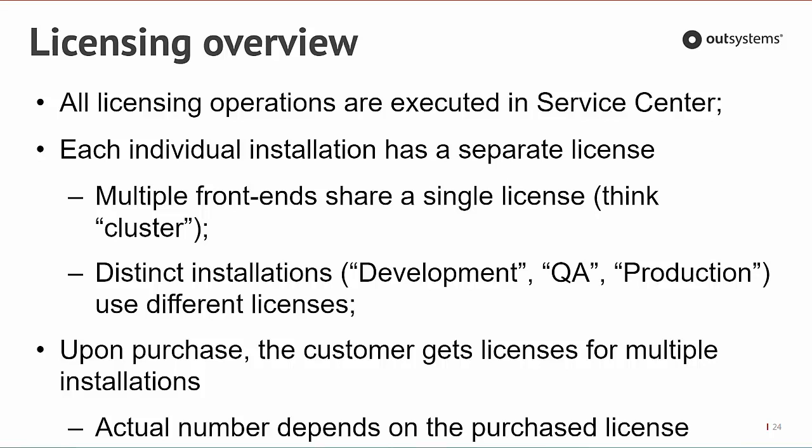Distinct installations, so development, quality assurance, production, will use different licenses, but think of multiple front ends as a cluster. They will share a single license. When you purchase the license, the customer gets licenses for multiple installations. The actual number will depend on what kind of contract you have. You might have 3, 4, whatever that number.